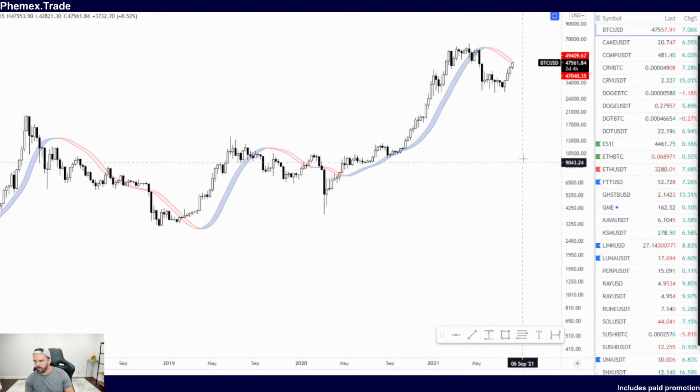Yeah, I do look at weekly profiles, but after I get levels from them, it's not like I'm constantly looking at the chart.